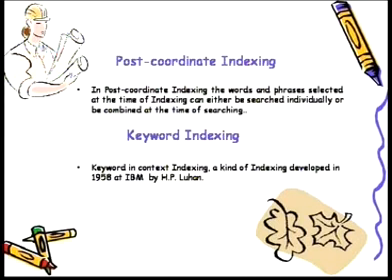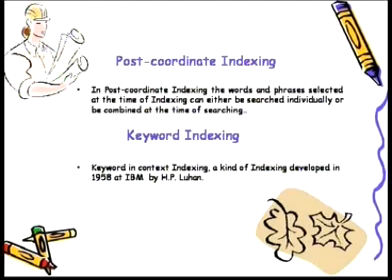Post-coordinate indexing is another approach in which words and phrases selected at the time of indexing can either be searched individually or be combined at the time of searching. Examples of post-coordinate indexing are keyword indexing systems like KWIC, KWOC, uniterm indexing, and automatic indexing.